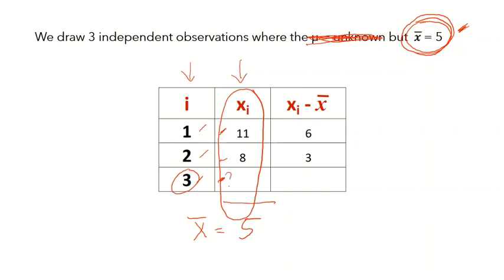Take note, this is 11. This is 8. 11 plus 8 is 19. What do you need to add to 19 so that when you divide the final sum by 3, the answer is 5?